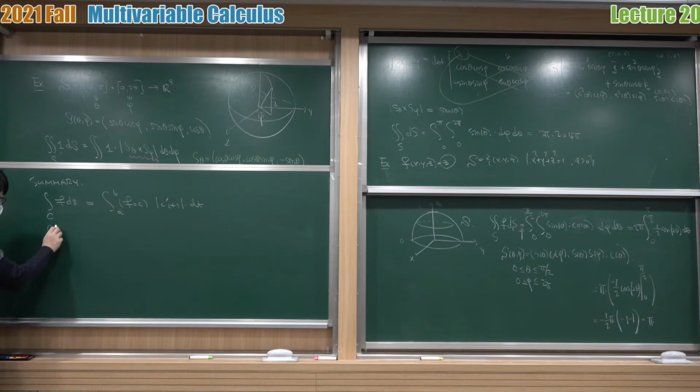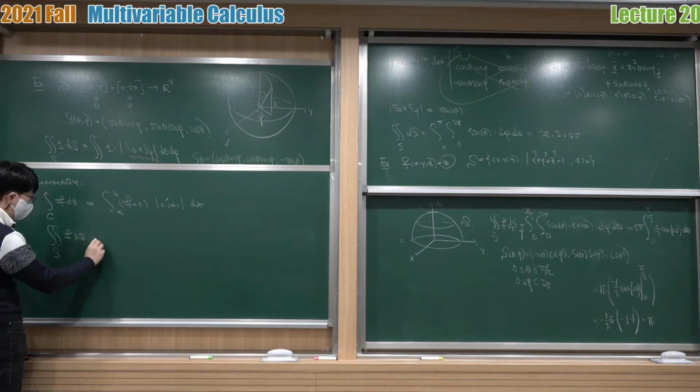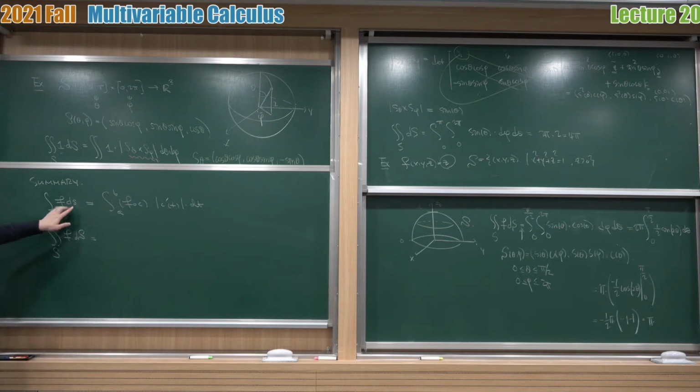And if you want to find the surface integral, the difference in notation is that for the line integral we use a small ds, and for the surface integral we use a large dS.